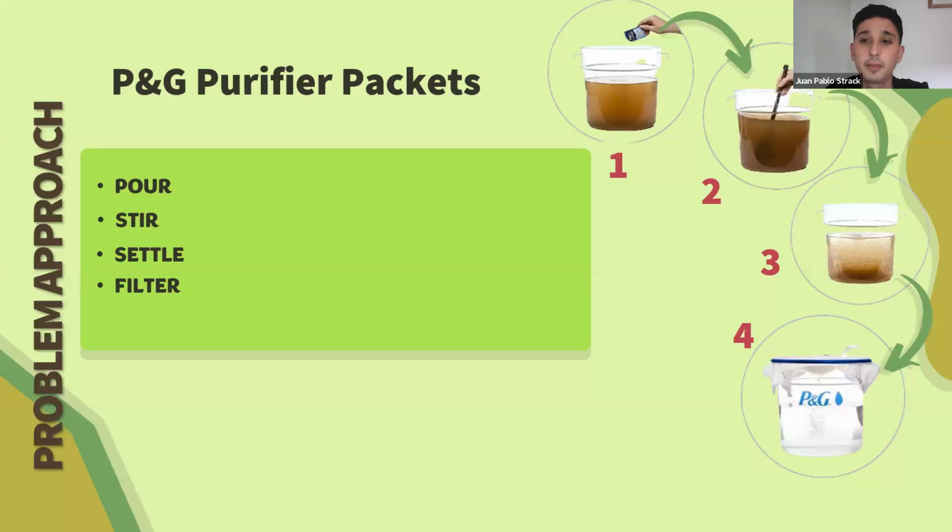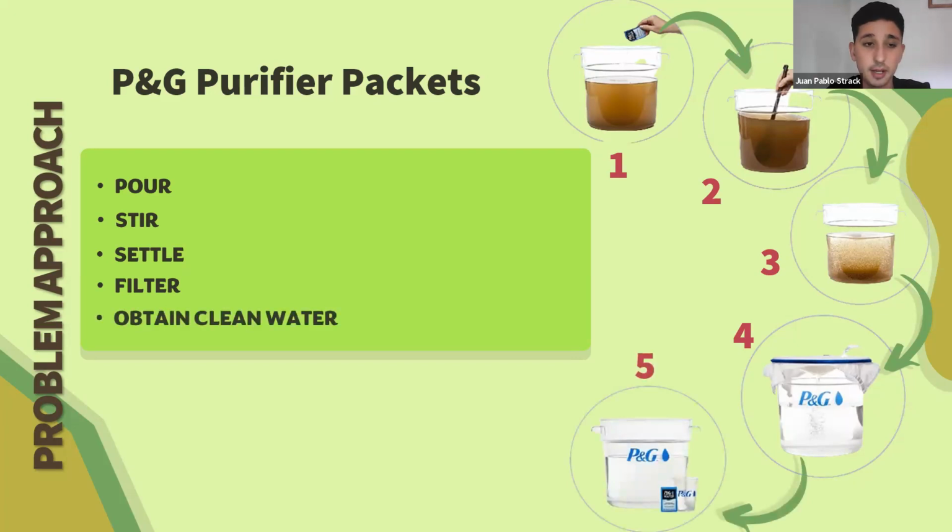Then the water has to be filtered using cloths or fabrics, and finally the clean and drinkable water is obtained. We can see that these are only 5 easy and quick steps. This process has to be made in 13 minutes.